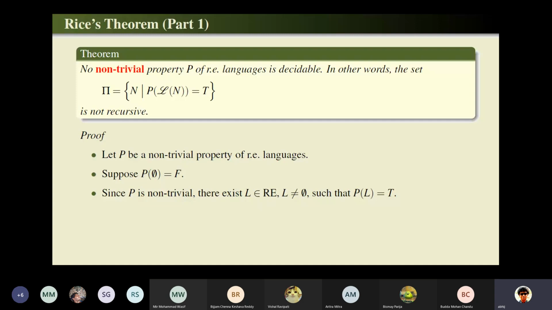And since L is an RE language, there must be a Turing machine whose language is L. It may be a total Turing machine, maybe not a total Turing machine. That is of no concern to us. Now we make a reduction from the halting problem to the property problem pi.